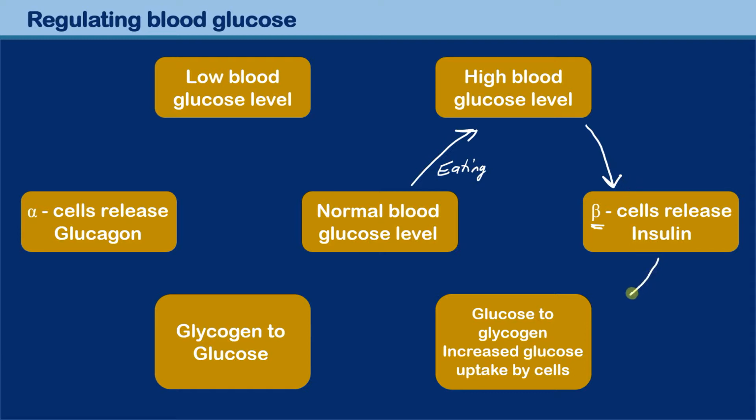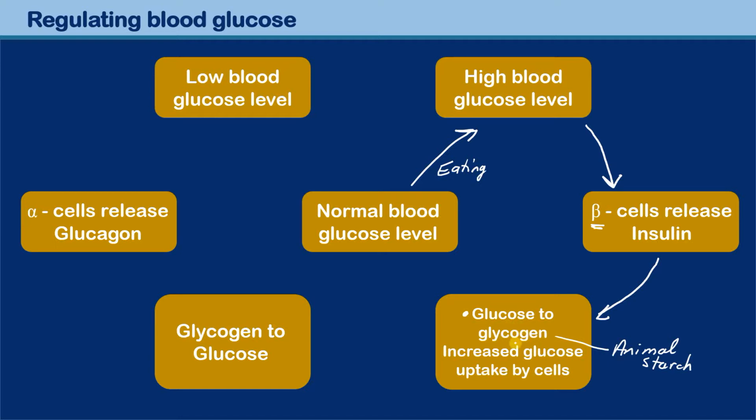Insulin is released, and as a consequence, the liver converts the glucose from the blood into glycogen, and glycogen is also known as animal starch. It's also known as animal starch, but I think it's better if you use the word glycogen.